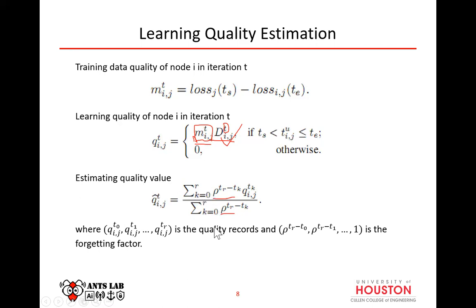So they use the historical records, and this factor is the forgetting factor, and the more recent record will have a higher factor. Okay. What you mean is if it's closer to convergence, its impact will be higher. If it's the initial training, their impact is lower.